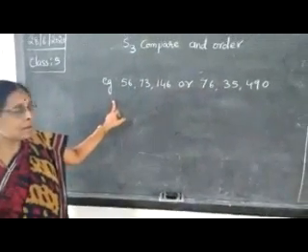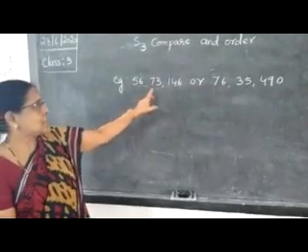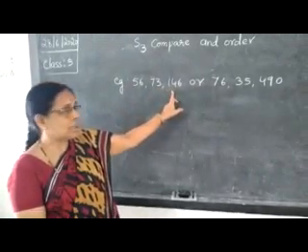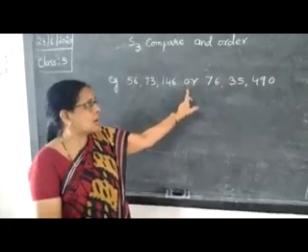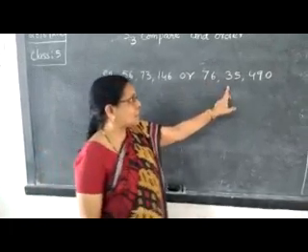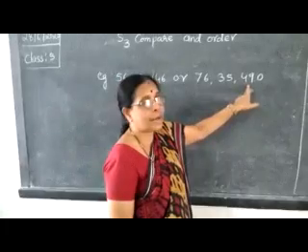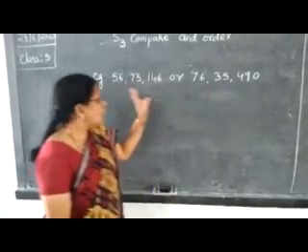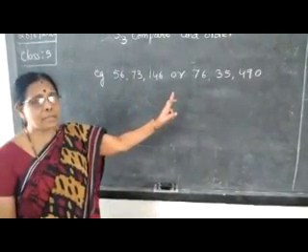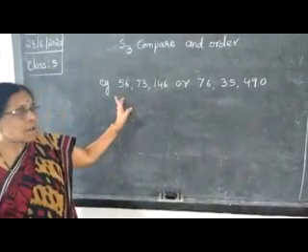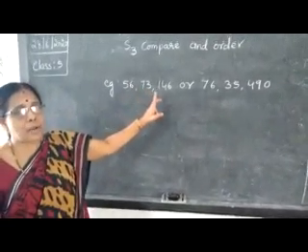For example, 56 lakhs 73,146 or 76 lakhs 35,490. When you are comparing the two numbers, we have to start from the highest place value.